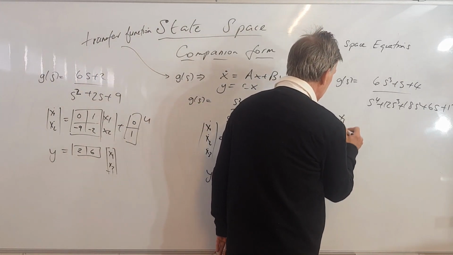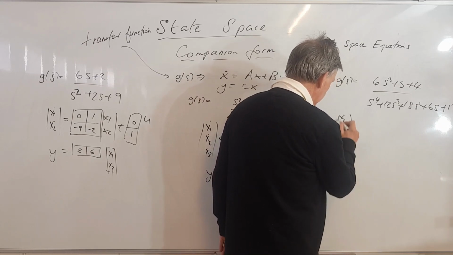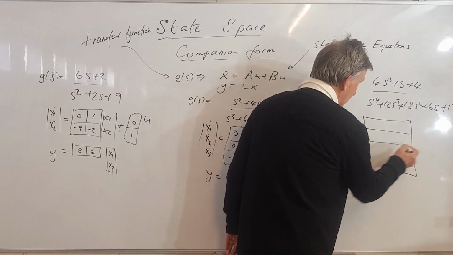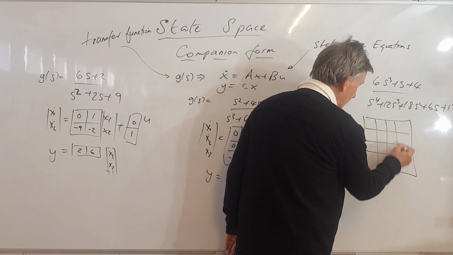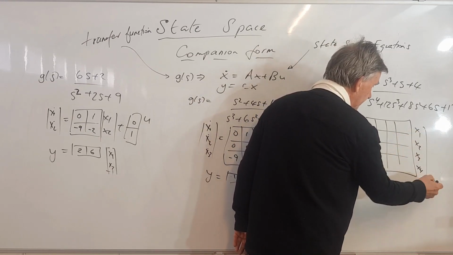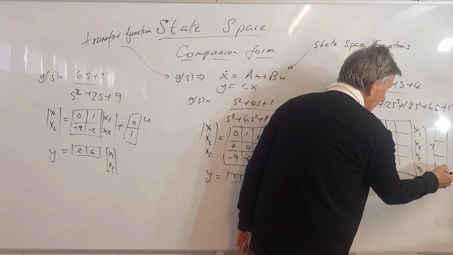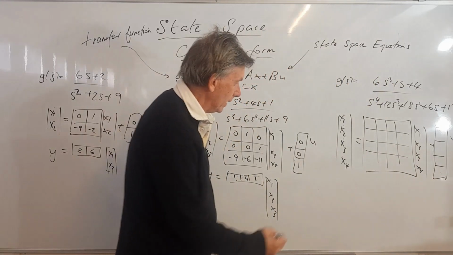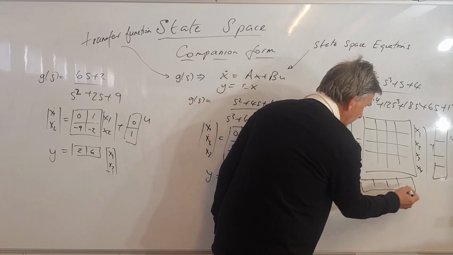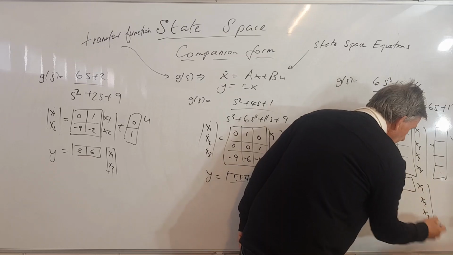We'll have x1 dot, x2 dot, x3 dot, x4 dot, and then a 4 by 4 matrix times x1, x2, x3, and x4, plus something times u, and y will be given by a 4 element row times x1, x2, x3, x4.